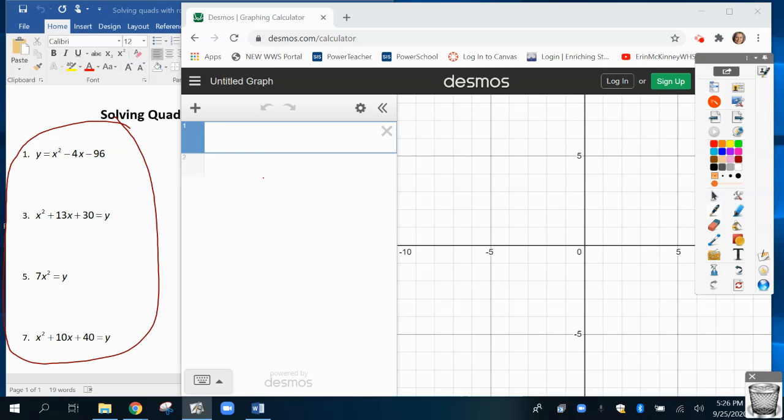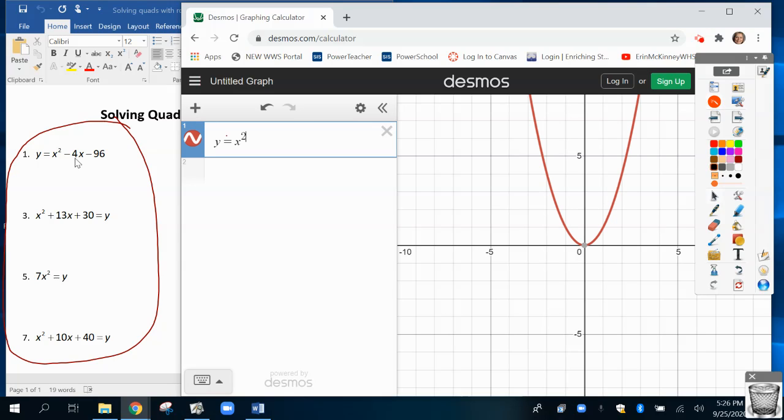If we want to graph, we are going to type into our box the exact equation that we see over here. So I'm going to type in y equals x. To type in an exponent of 2, you're going to hit Shift and 6, which is your up caret key, and then it will allow you to type in an exponent.